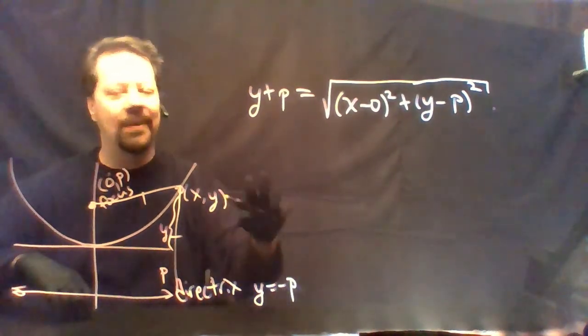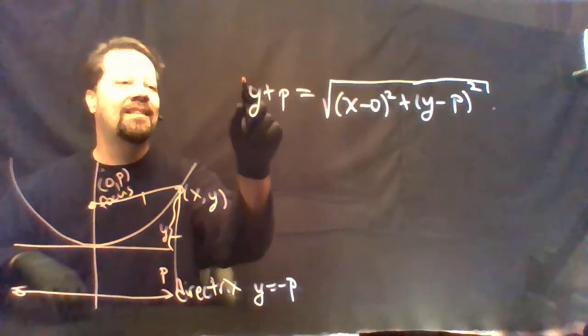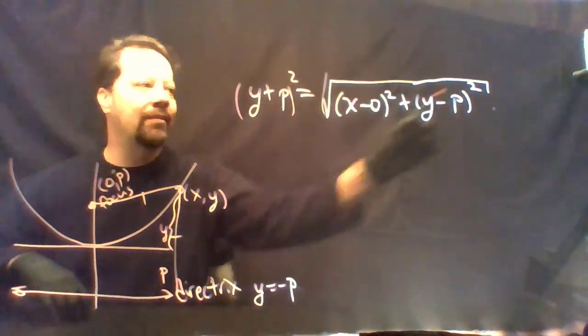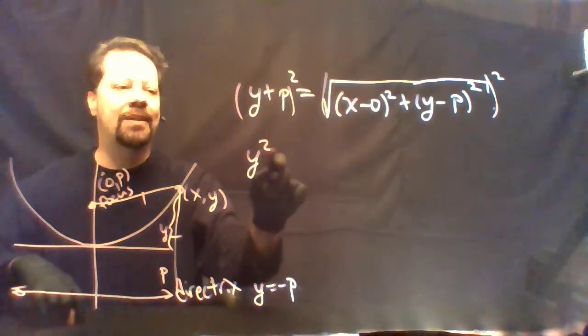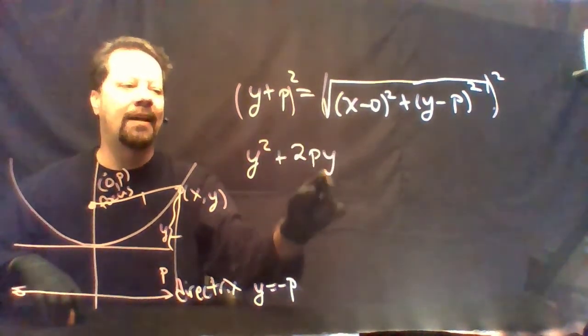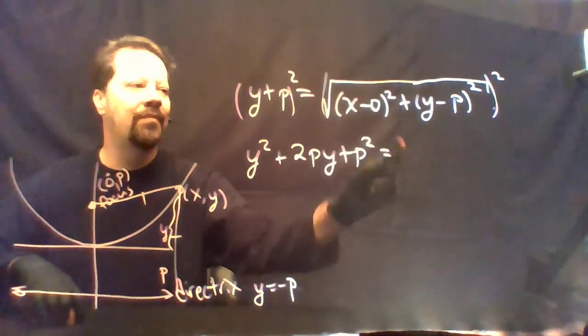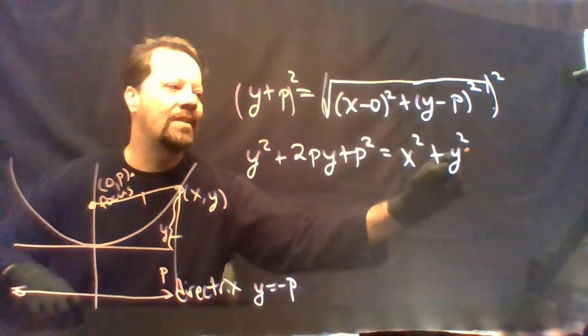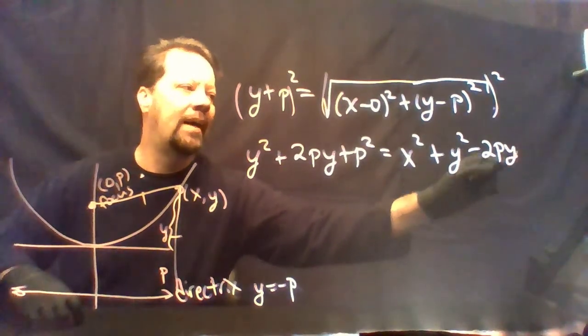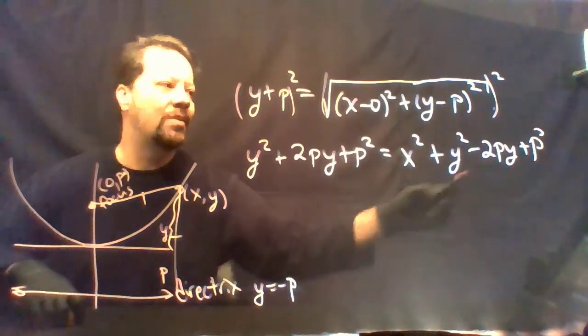Actually, I guess we can simplify this a little bit. If we square both sides, we can get rid of the square root. Foiling out the left-hand side, we have y squared plus 2py plus p squared. On the right-hand side, we have x squared plus y squared minus 2py plus p squared.